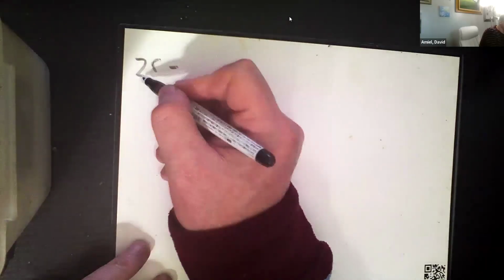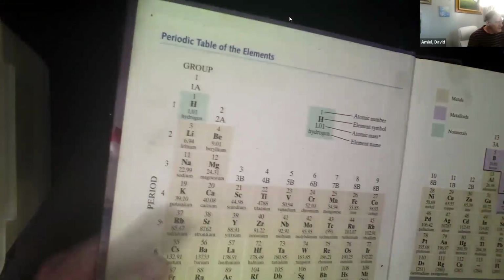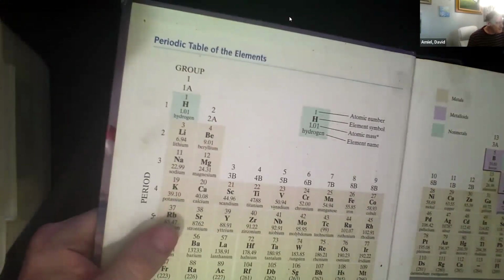So here is zirconium. I'm looking on my periodic table here. Where is, there it is right there. Okay, it's in group 5.